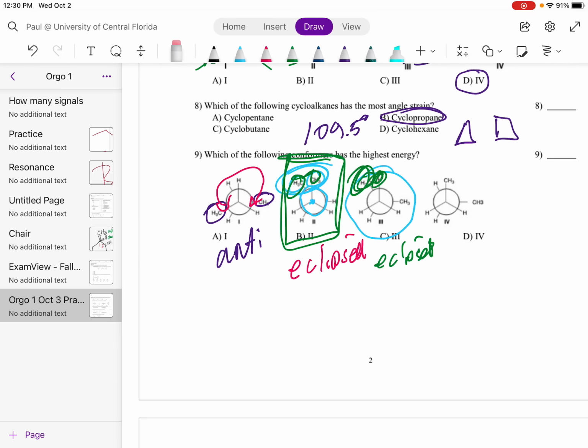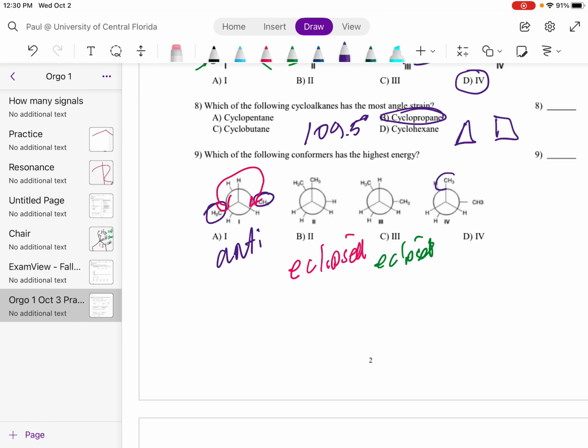And so then, let me clean this up a little bit. If we take a look at that methyl that's on the front, that methyl on the back there. So that molecule is eclipsed. But what's the bond angle between that methyl and that methyl right there?